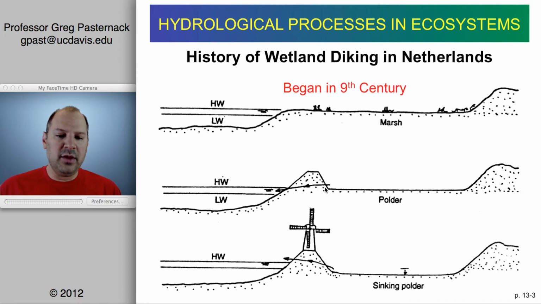However, over time, the elevation of the polder lowers, because wetland sediments are highly organic, and as you farm organic sediments, some of that carbon is respired away, and so the soil is lost. Also, by dewatering that, there is a natural subsidence that takes place as the sediment is compacted. And then finally, sea level is rising.